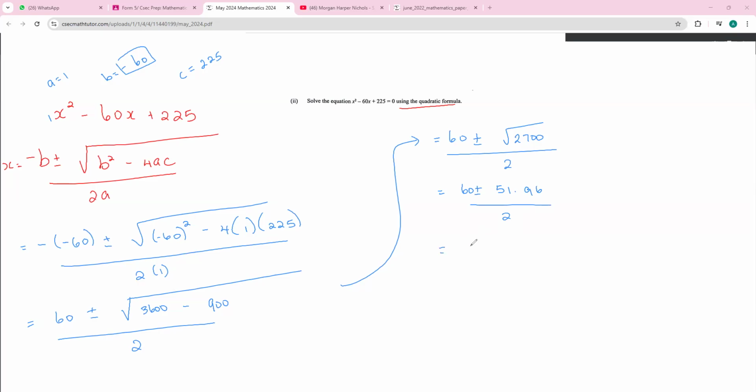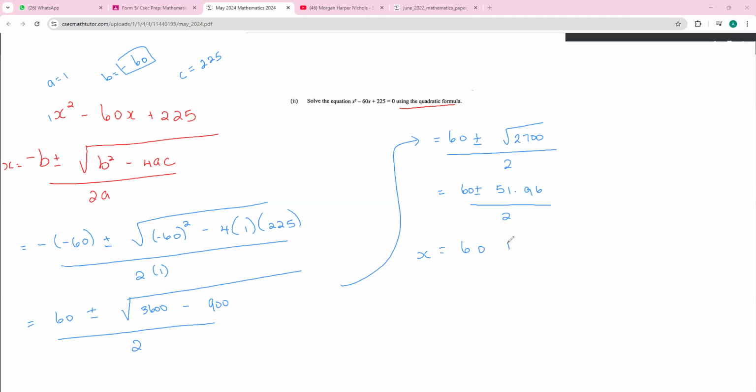Then we're going to break this up. We'll have 60. So x is 60 plus or minus 51.96 divided by 2. So we separate it.